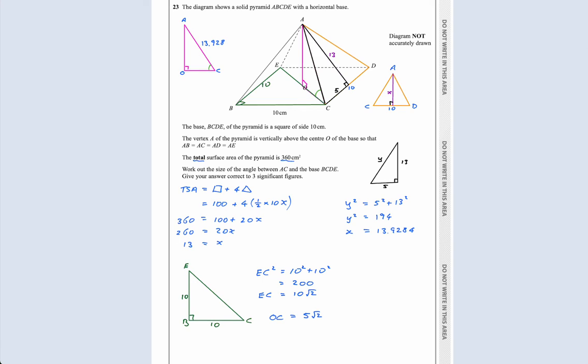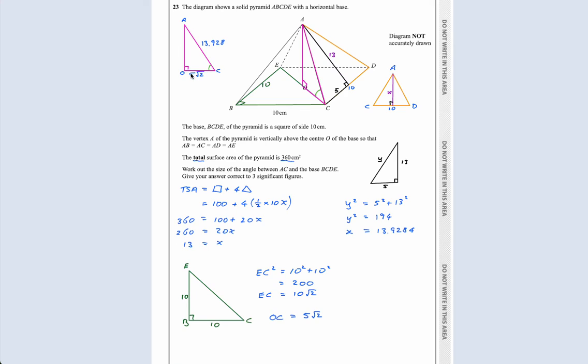Look at this, this length here is half of this length here. So half of 10 is 5. So now I can put 5 root 2 here.